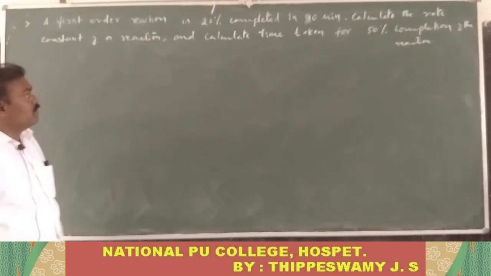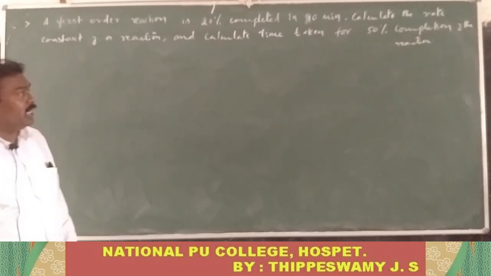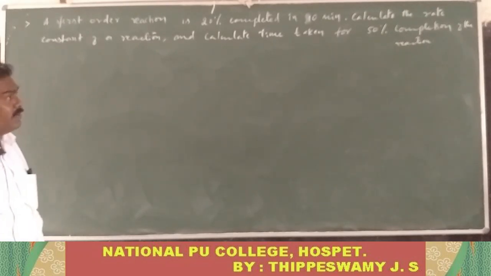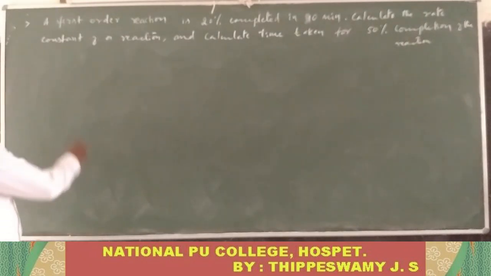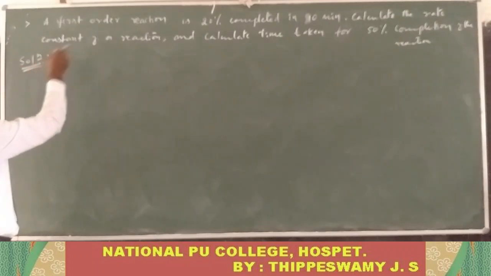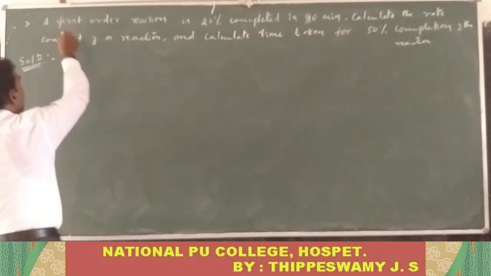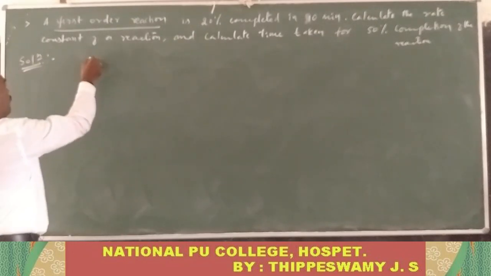Following, you read the question. The first order reaction is 20% completed in 10 minutes. Calculate the rate constant of reaction and calculate the time taken for 50% completion of the reaction. Now accordingly we will just go through the formula given in the first order kinetics. What is the integrated rate equation for the first order kinetics?